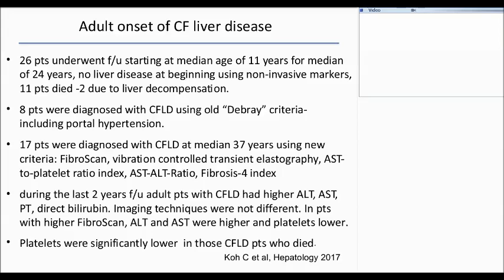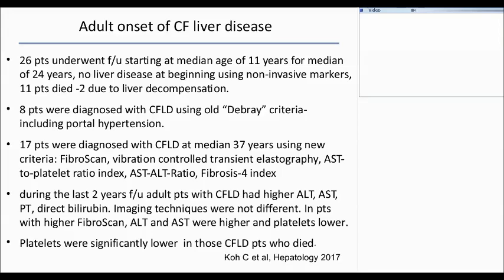But then they looked at new liver disease markers that come out of different liver diseases, such as chronic hepatitis C, or non-alcoholic fatty liver disease. They found that another 17 patients would have been diagnosed with CF liver disease using these new criteria.